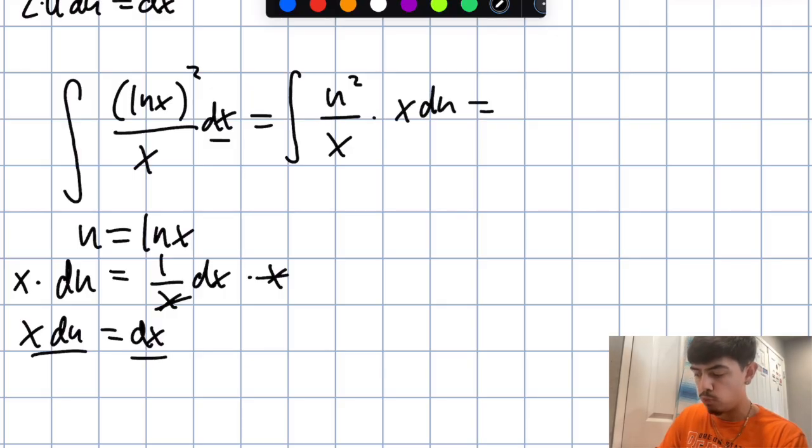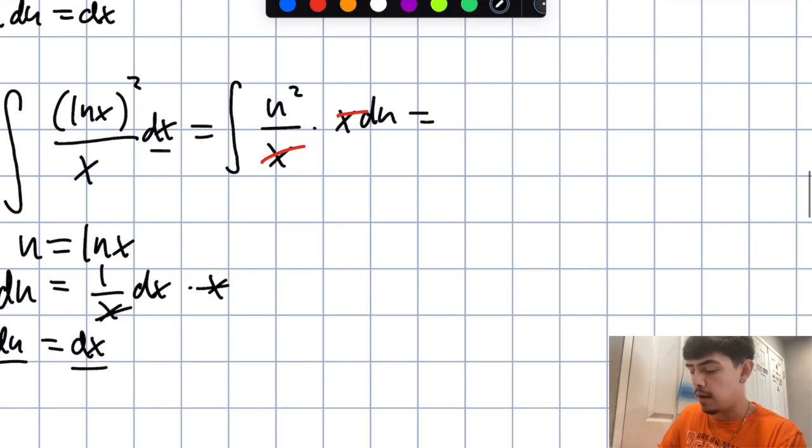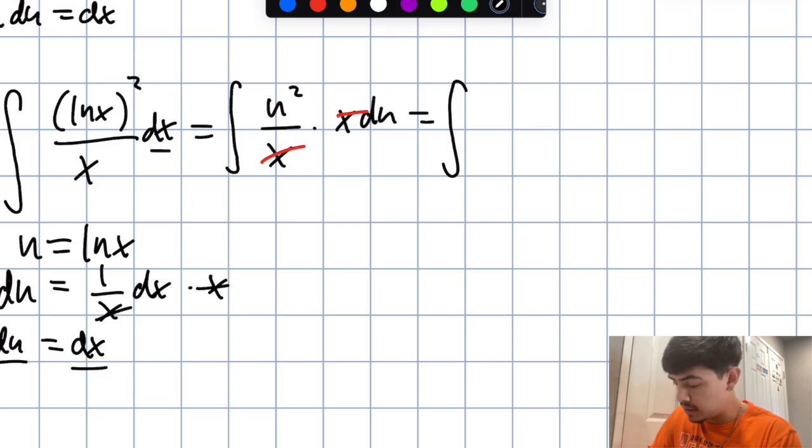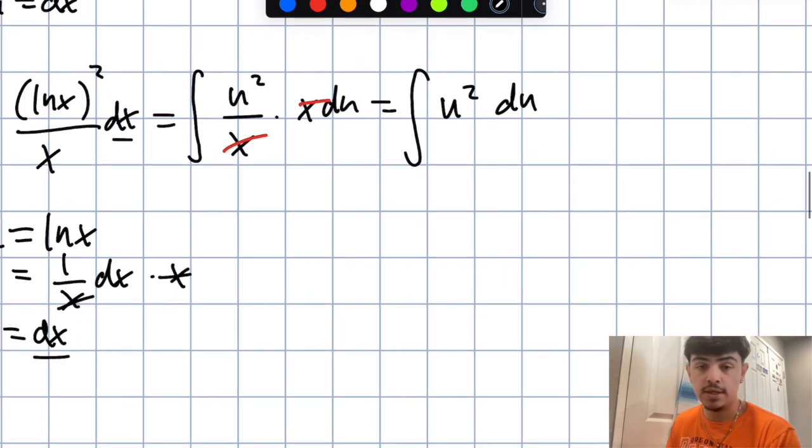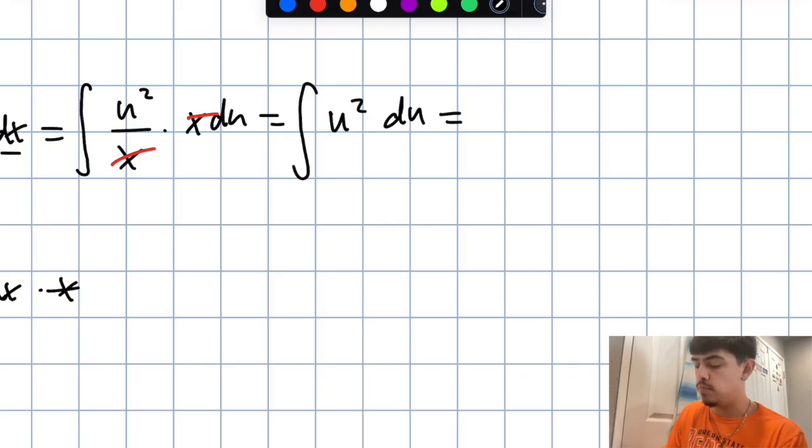And look, what can we do here? Give you guys a second to try to answer yourself, like we've been doing every other problem. Cancel out the x's, right? So now we have just the integral of u squared times du. Boom. Pretty simple. We can just take the antiderivative of this right away. Just reverse power rule.